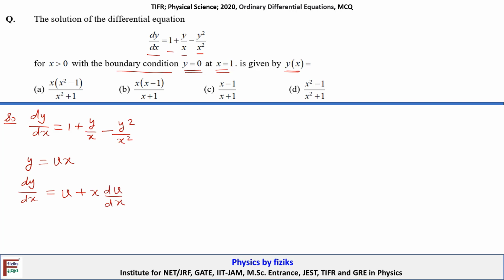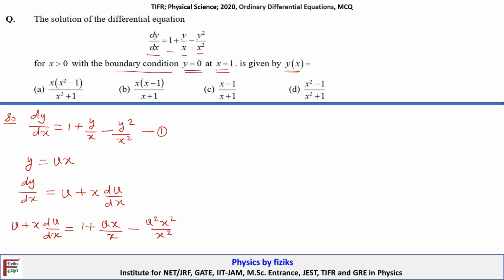Now substituting the value of y and dy by dx in this given equation 1, we can write v plus x into dv by dx is equal to 1 plus, by putting the value of y, y equal to vx, vx by x minus v square x square by x square.